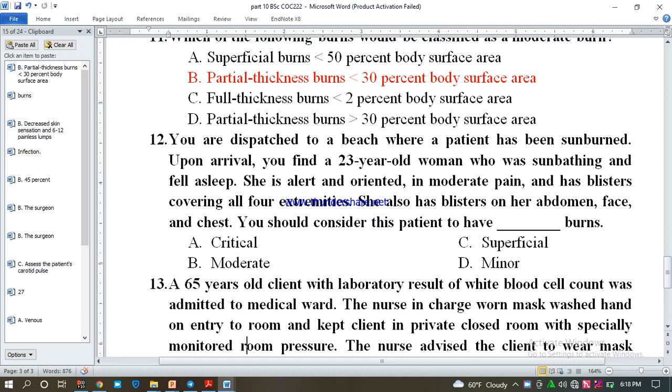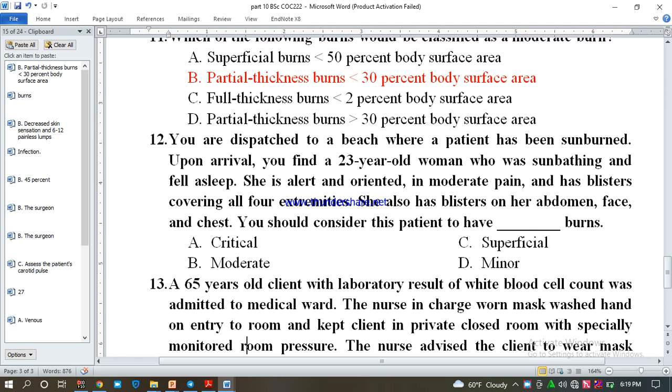Question 12: you are dispatched to a beach where the patient has been sunburned. Upon arrival you find a 23 year old woman who was sunbathing and fell asleep. She is alert and oriented, in moderate pain, and has blisters covering all 4 extremities, also on her abdomen, face and chest.